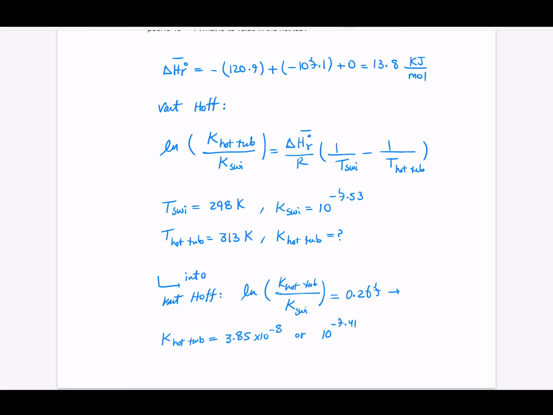As you see, it's different than what we had. Comparing this value to this value, it's a bigger value.